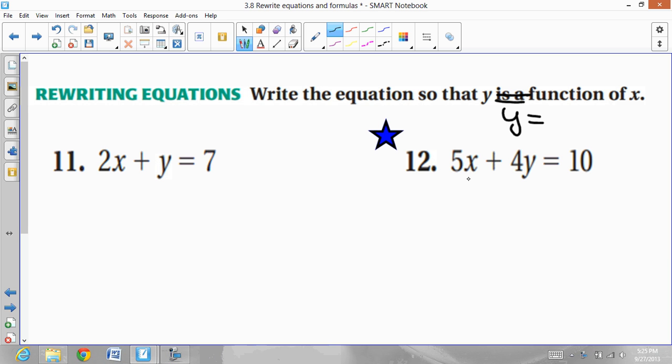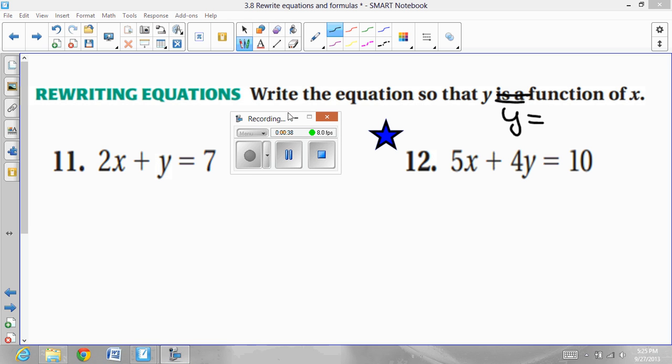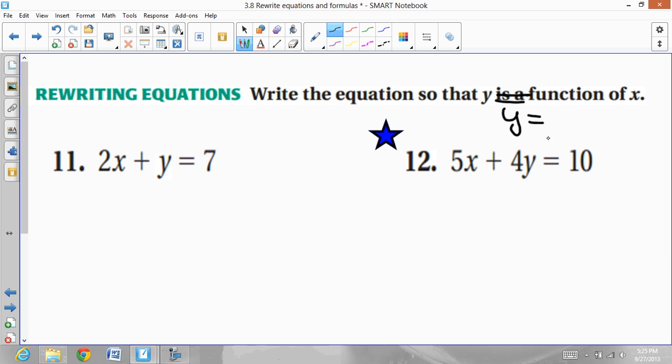So if you look at the question, 5x plus 4y equals 10, you need to get just the y alone, which means you need to get y equals something. So which basically means you don't need this 5x. If you want to get rid of the 5x, all you have to do is do the opposite.